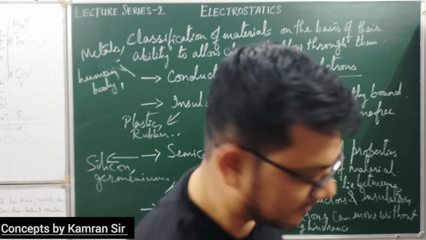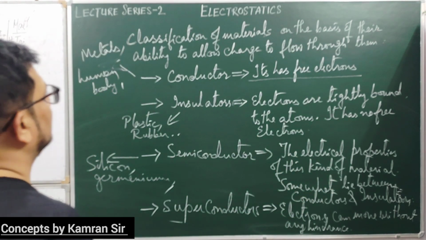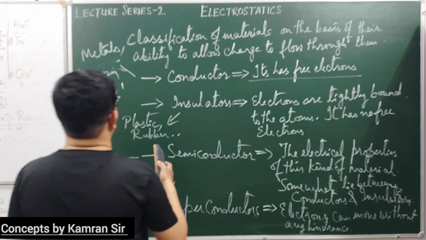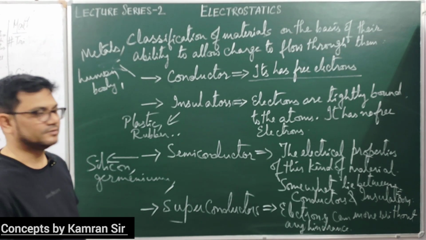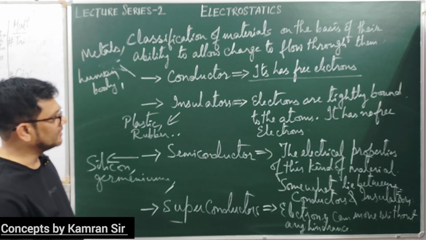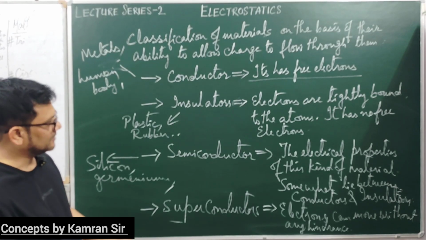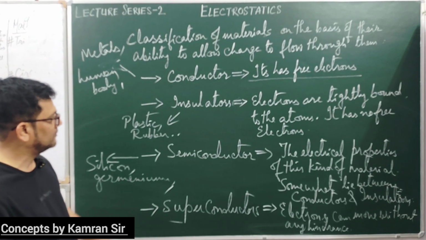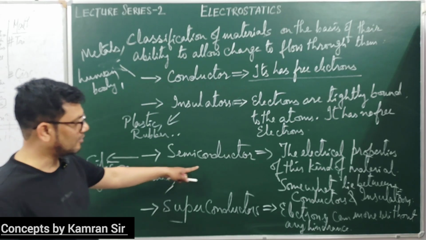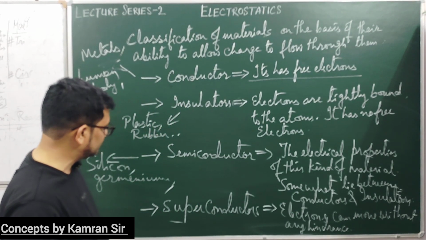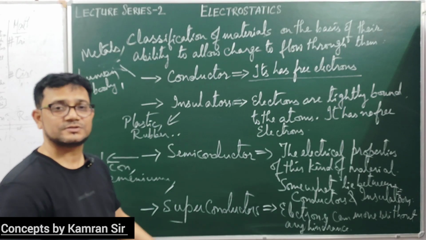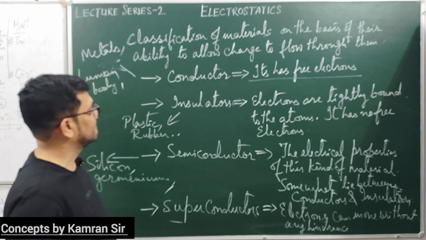So we can have an understanding of this behavior, of how electrons find themselves in these materials, whether they are free electrons or tightly bound and not able to move. For semiconductors, the electrical properties lie between those of conductors and insulators, and in superconductors, electrons can move without any hindrance.